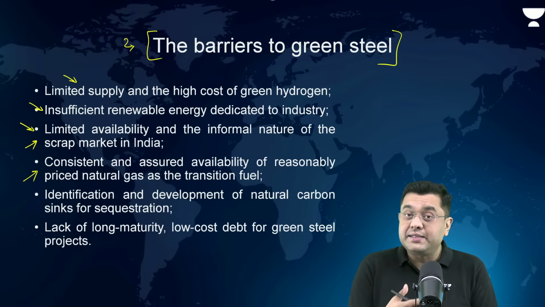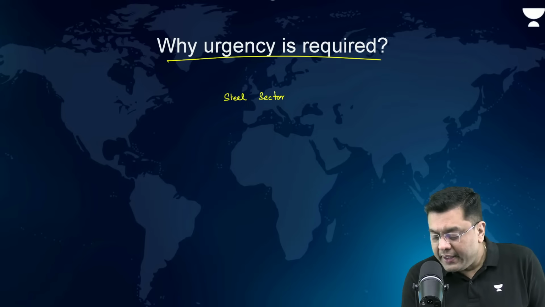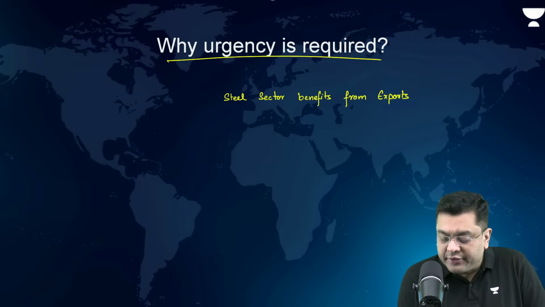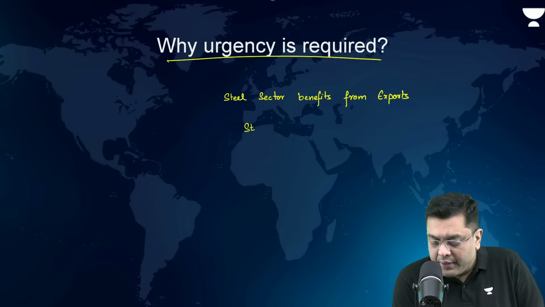And the steel sector is something where we have a large domestic demand also, but it benefits from exports, right? Now, suppose the European market and eventually other markets also bring about these kinds of non-tariff barriers for us, that means what? The steel export will go down, right?